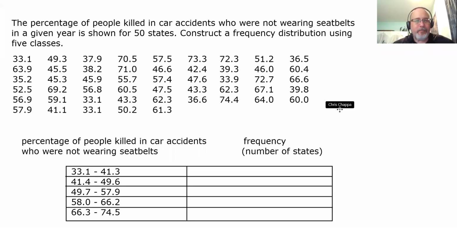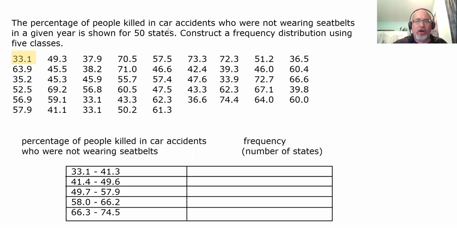All right. So I went ahead and set up a table that we're going to complete and labeled each column, the left of which is the percent of people killed in car accidents who were not wearing seatbelts. And below there are the classes that we built using a lower limit of 33.1 for the first class, and remember that 33.1 was the least value in our data set, which actually occurred multiple times.